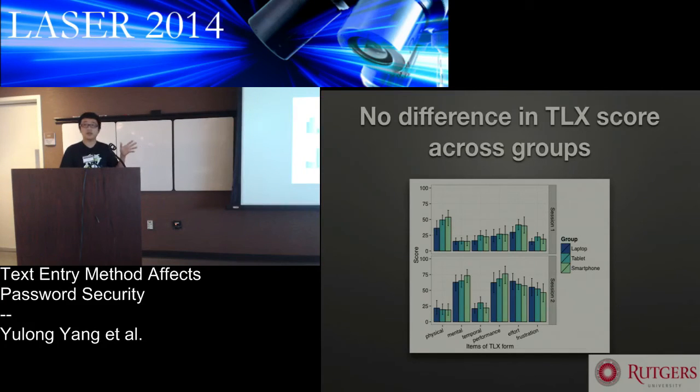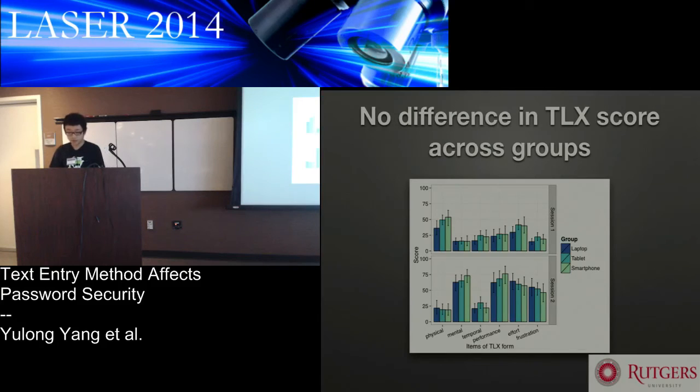We ran a MANOVA test on the decisions separately, and the results showed no statistically significant difference among the scores across groups. So this means subjectively, participants didn't feel a difference in the tasks when provided with different text entry methods. Yeah, and you have approximately 7 minutes.